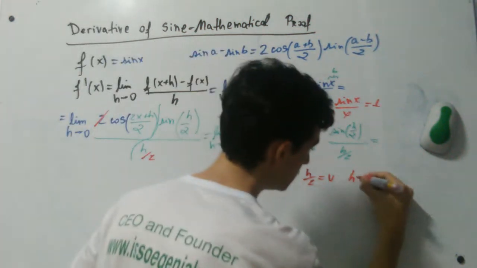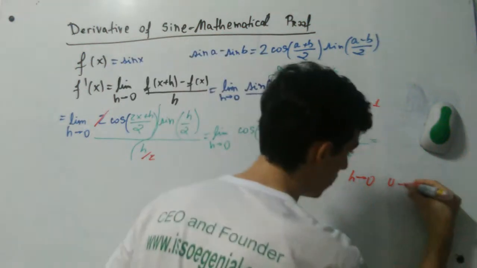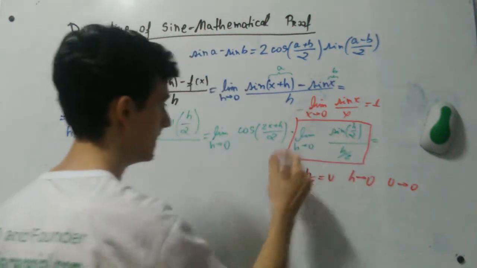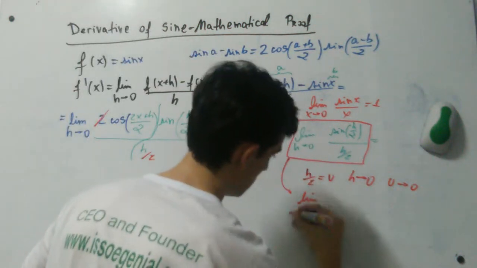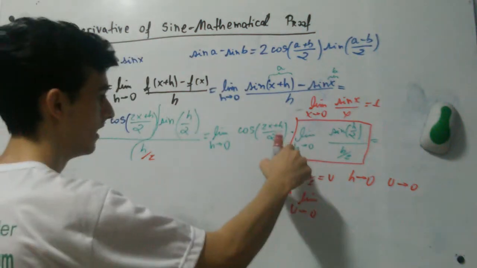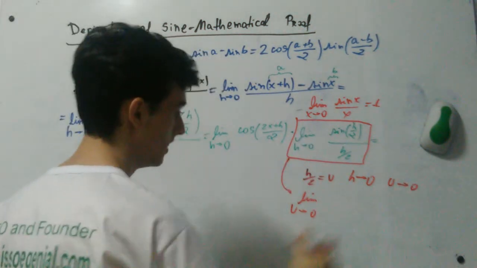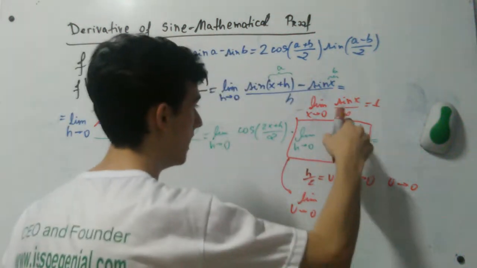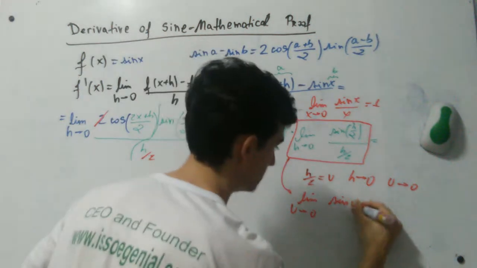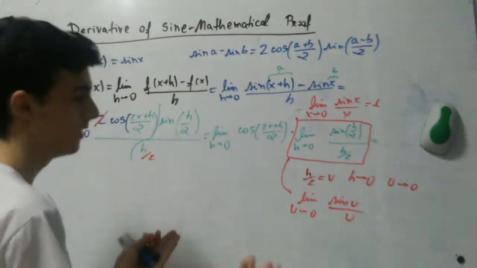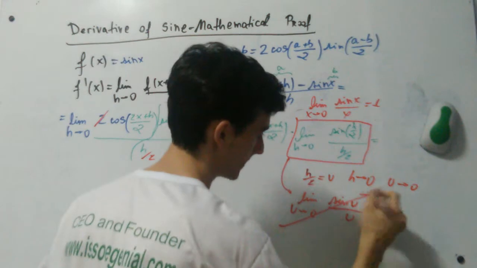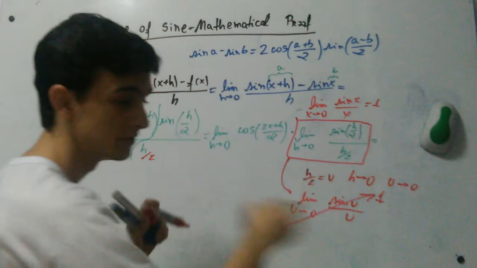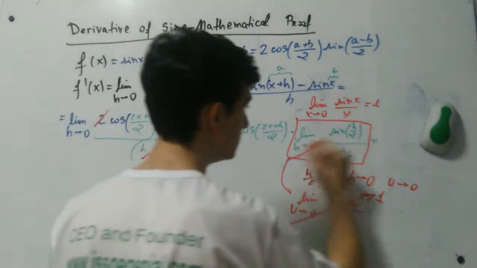So when h approaches 0, u also approaches 0. So this is the limit when u approaches 0 of sine of u over u. And now this is clearly 1, just like with x. So we have proved that this is 1.